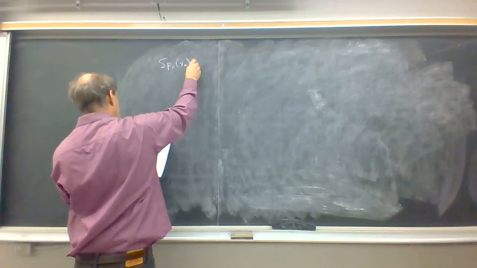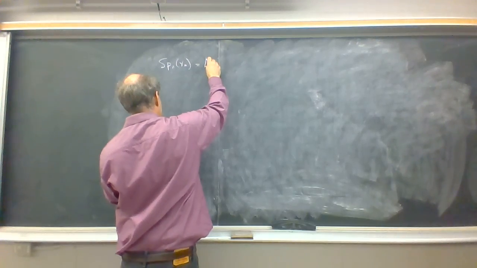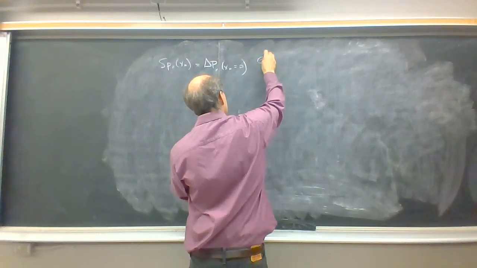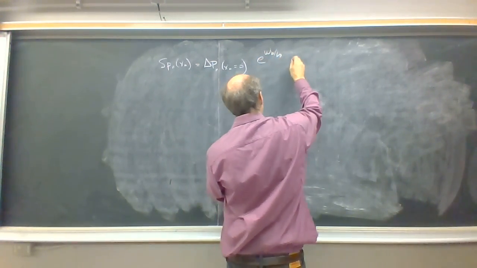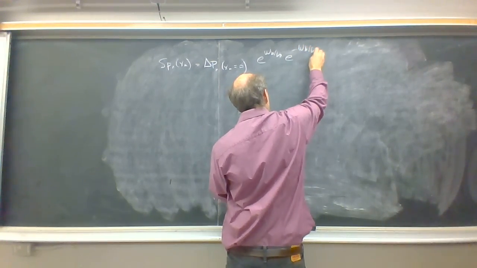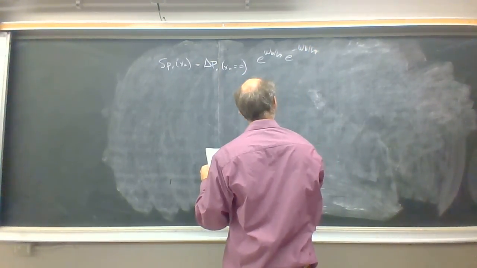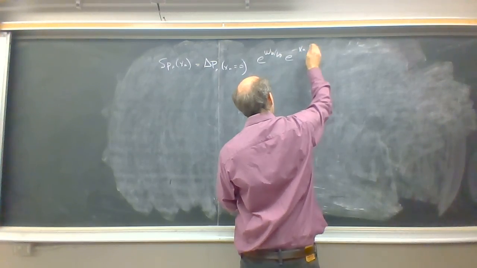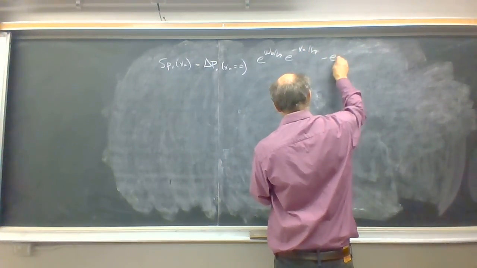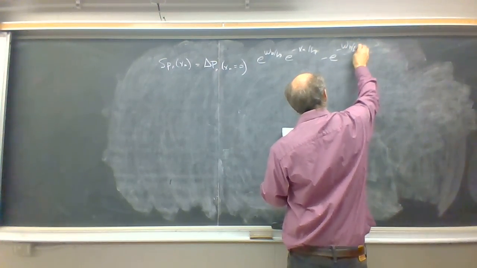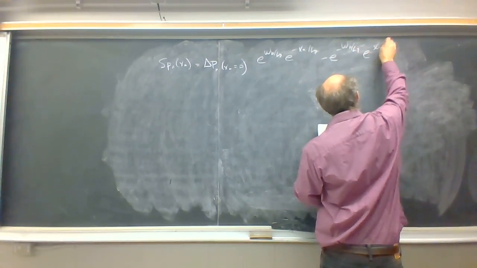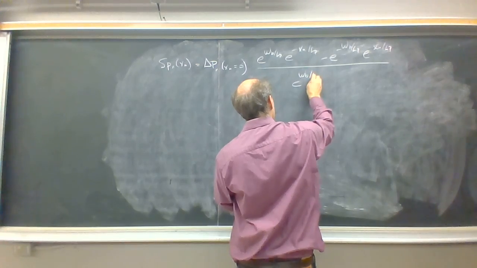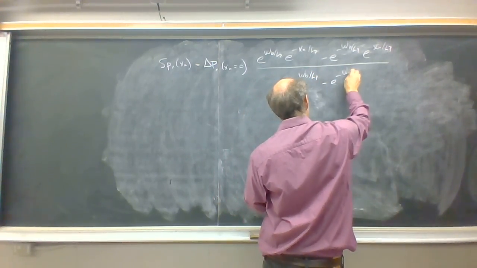So we've got delta P sub n of xn equals delta P sub n of xn equals 0, e to the WB over LP, e to the minus WB over LP, I'm sorry, e to the minus xn minus e to the minus WB over LP, e to the xn over LP divided by e to the WB over LP minus e to the minus WB over LP.